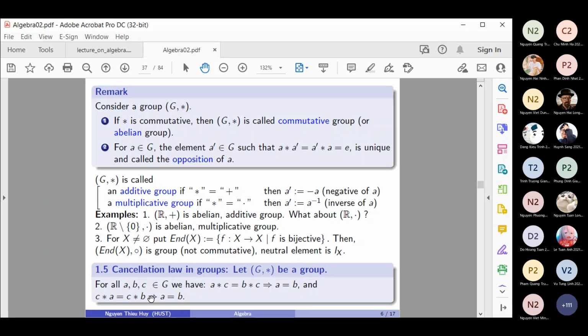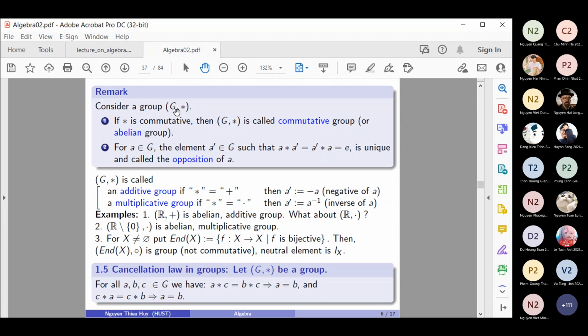But if C is on the other hand side, then you cannot do that anymore because the star may not be commutative, right? So this cancellation law means that you can cancel C. From A star C equals B star C, it follows that A equals B. And from C star A equals C star B, you obtain A equals B. Good.